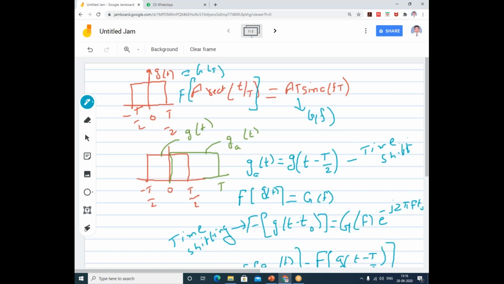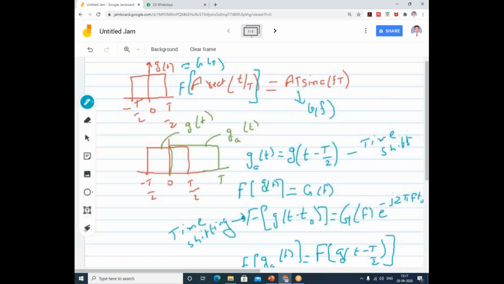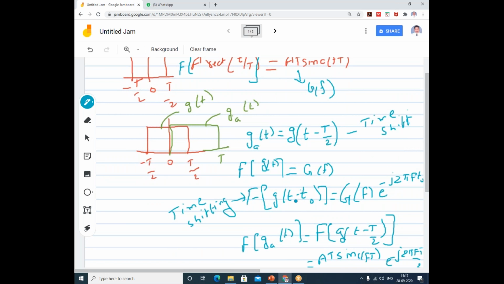So if we know the Fourier transform of g of t, which is g of f, then the Fourier transform of the time shifted sequence g of t minus t naught is g of f into e power minus j2 pi f t naught. This is one of the properties of the Fourier transform.